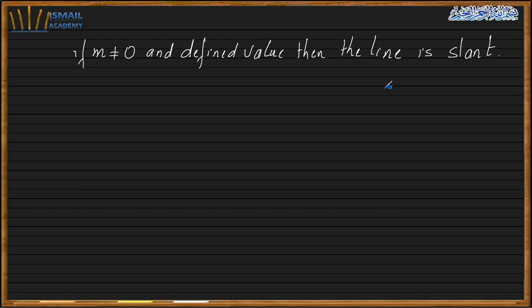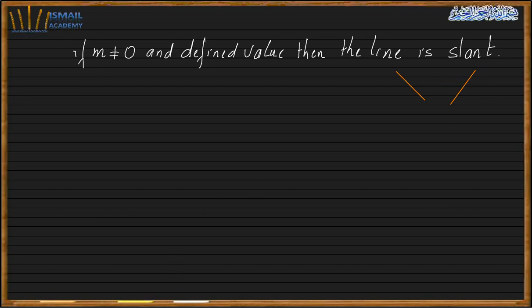We don't know if the slant is in this form or this form, because those are both slant lines. If m is a number not equal 0, it can be either positive or negative. So the negativity and the positivity of the slope will determine which type of slant we have, either that type or that type.